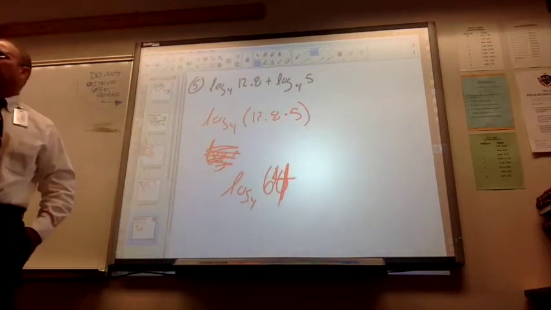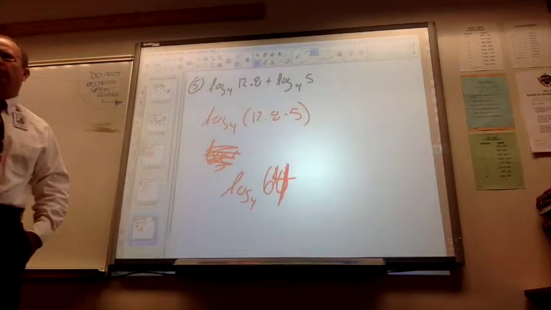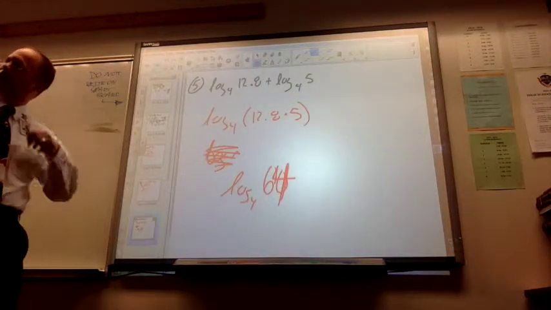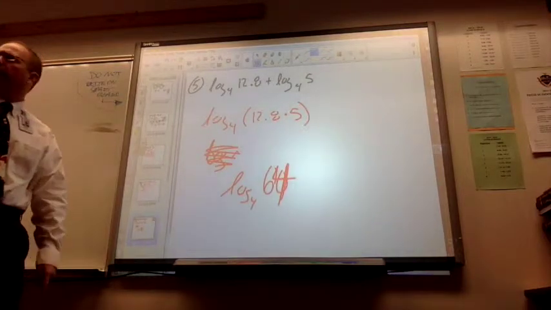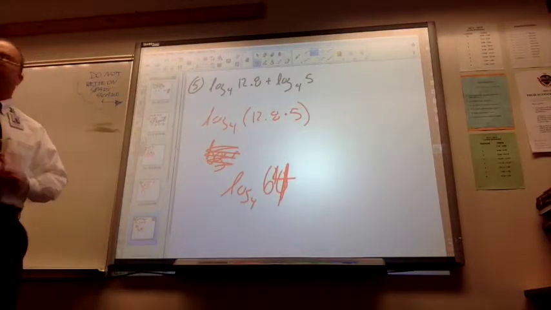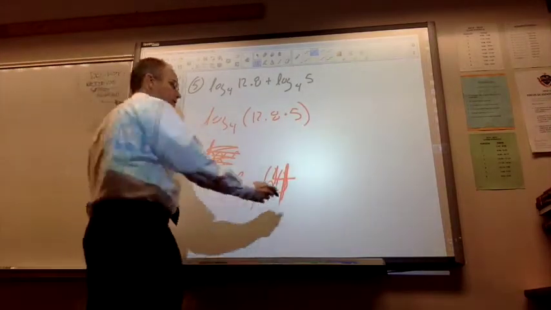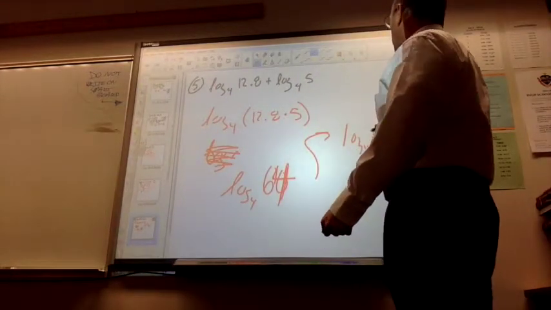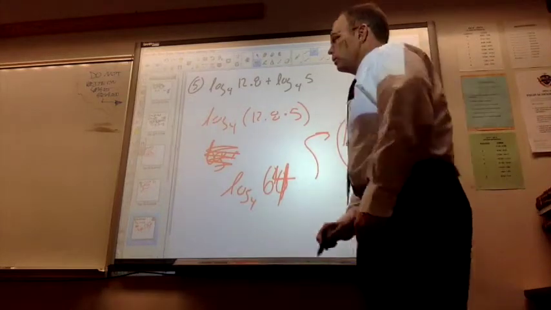So how can I make 64 in base 4? 64 is 4 to what power? 18 is not right. 4 to the 4th is 256. To the 3rd. So I get log base 4 of 4 to the 3rd power. That becomes 1. The exponent comes down front. So my answer to this one's just 3.